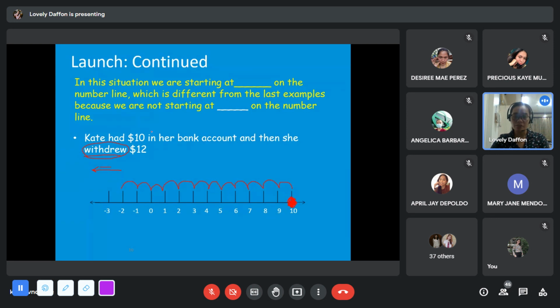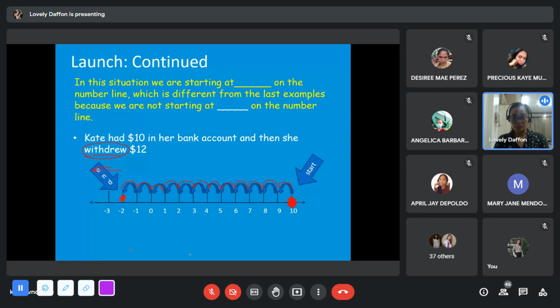So meaning to say, if Kate had $10 in her bank account, nag-withdraw siya ng $12, magkano na lang? So Kate already has negative 2. And that's the reason our answer is negative 2, as represented by the number line.